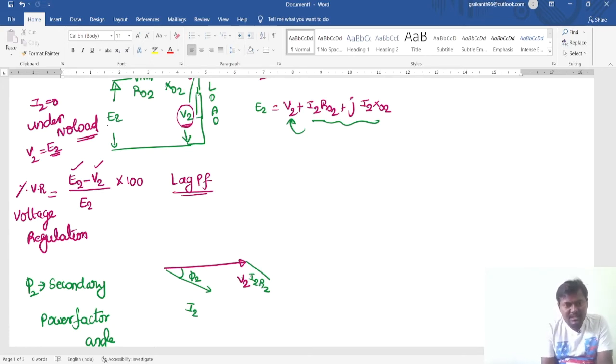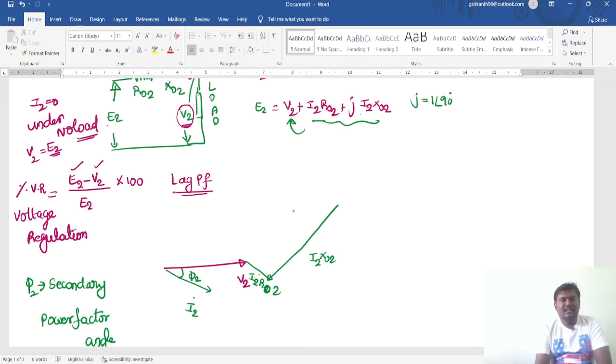What do you mean? It means it is not in phase with V2. This I2 R2 component is parallel to I2 because it is a resistive component. And j means 1 at an angle of 90 degrees. I2 X02 component, and this is the I2 R02 component. We are taking the total resistance referred to secondary.